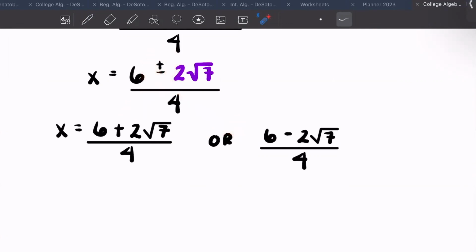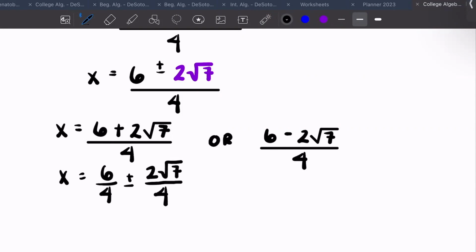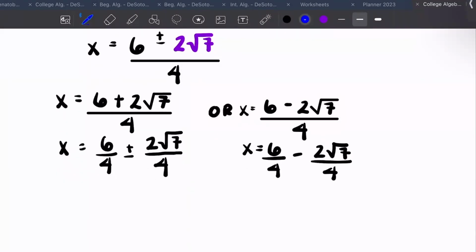Okay, so now let's simplify because we can just do some reducing. So let's split them up one more time. We can split them up because they are over one number. Now let's reduce. So we get left with 3 and 2 and 1 and 2.